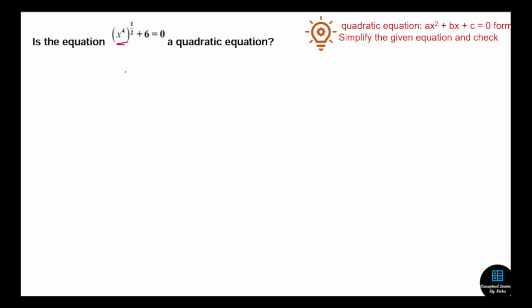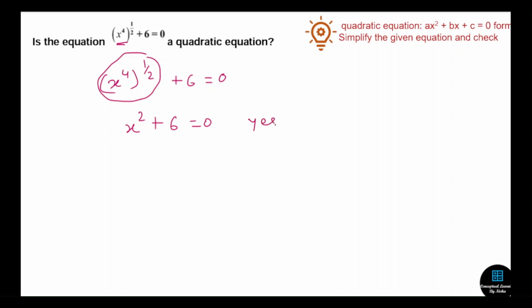If I simplify this, (x⁴)^(1/2) + 6 = 0. Do you remember the exponent rules? So I can apply the exponent rules here and simplify the power as 2 and I'll get x² + 6 = 0. So this is the quadratic equation form. So yes, it is, right?